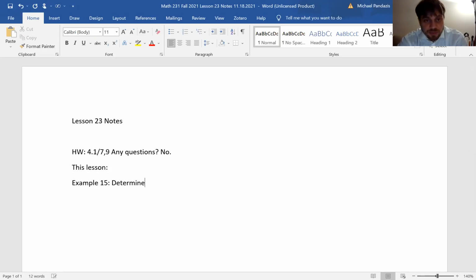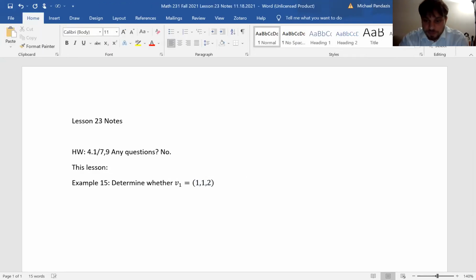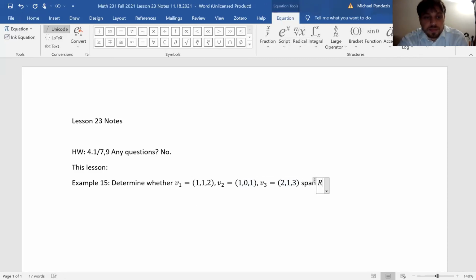Determine whether V1, which is equal to the vector 1, 1, 2, V2, which is equal to the vector 1, 0, 1, and the vector V3, which is the vector 2, 1, 3, span R3.